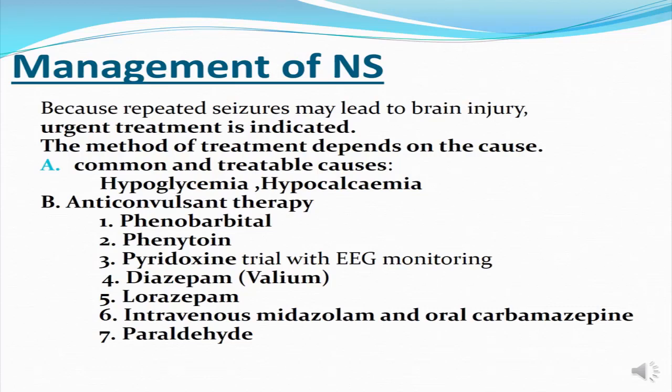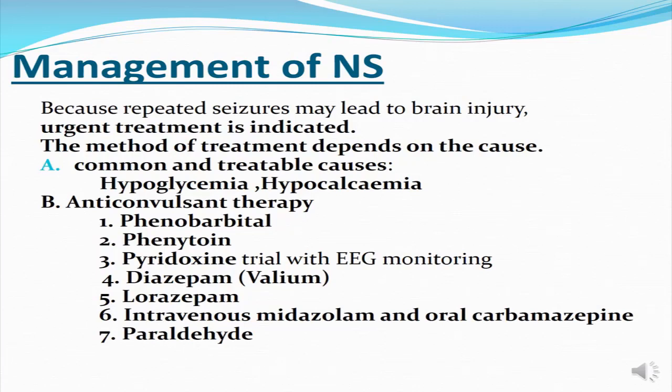Other drugs include phenytoin, and if there is no response to adequate doses of phenobarbital and phenytoin, we might think of giving a pyridoxine trial with EEG monitoring, because abnormal EEG might be normalized with slow infusion of pyridoxine. Diazepam is not commonly used in neonatal seizure.